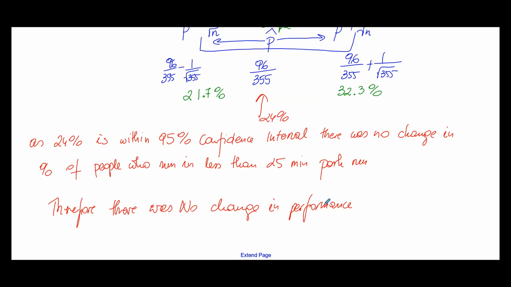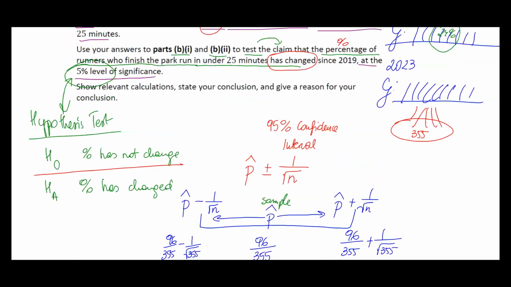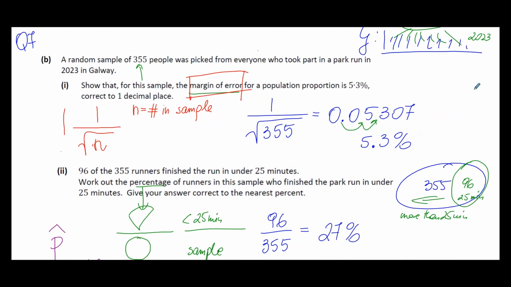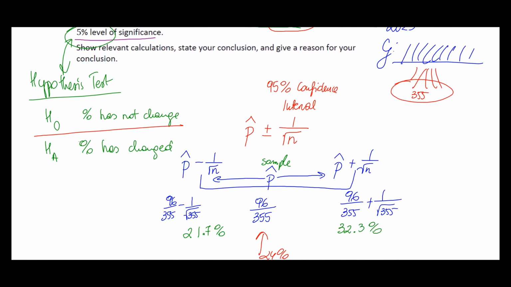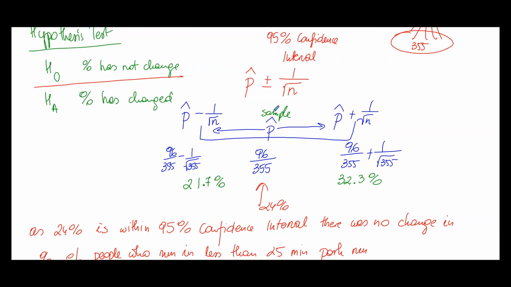When you are doing this question, the structure is always very similar. It always starts with the margin of error, then we do the population proportion, and then we run the test. We are creating the interval and we are testing. Always remember, here is the sample; we are testing the population. Is it inside the interval or outside? If it is inside, the null hypothesis stands, nothing changed.